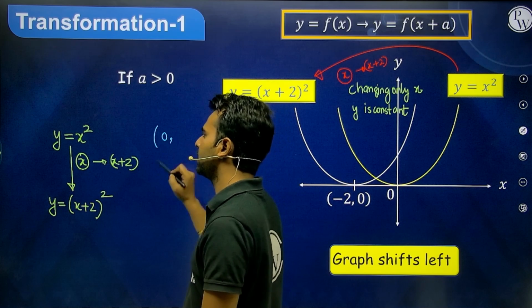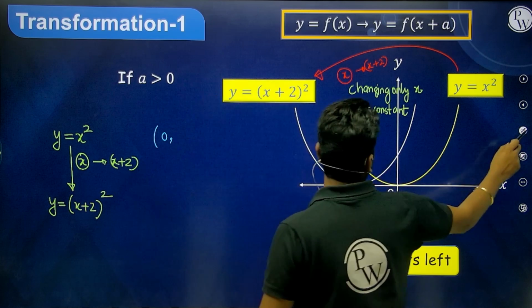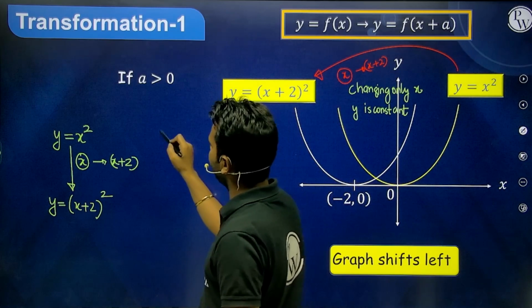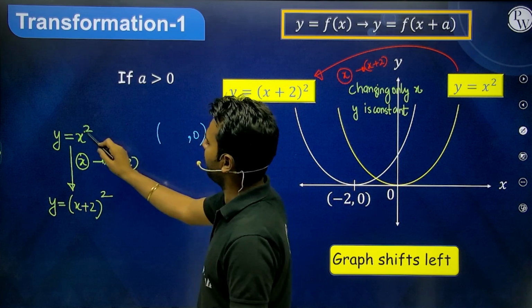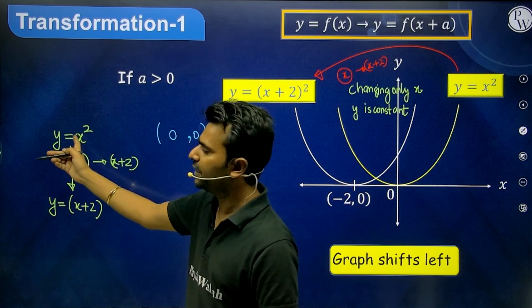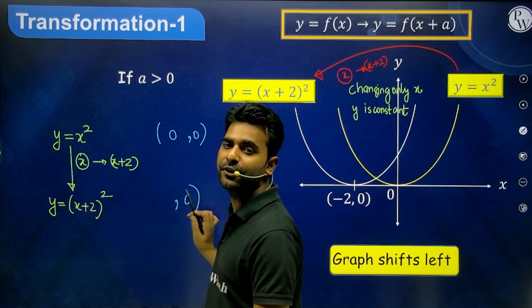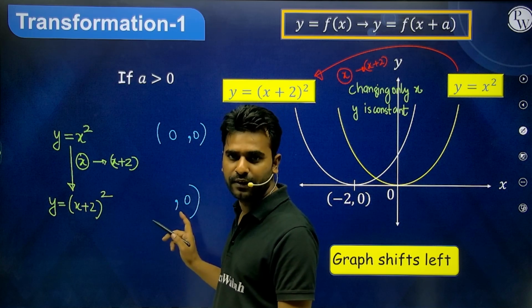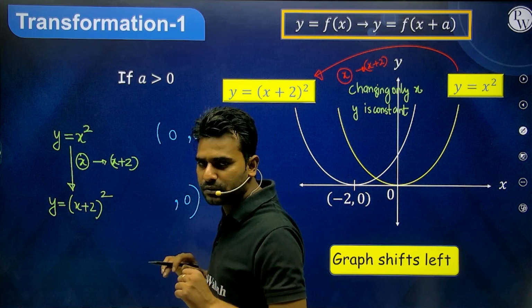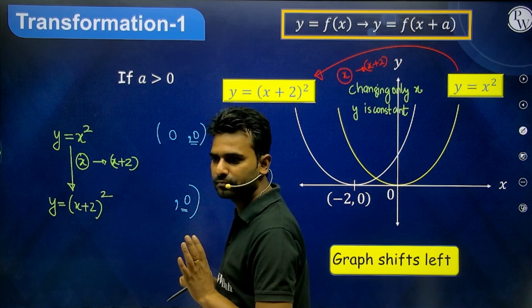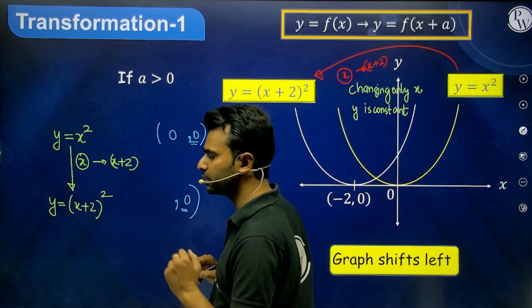Let's say 0. If you have taken one value of y as 0, then accordingly, what is the value of x over here? x has to be 0 only, so that y becomes 0. And here also, you are taking the same value of y, because you are aware that y will always remain constant. So I am taking y same in both the cases because I know that only horizontal movement is going to take place.